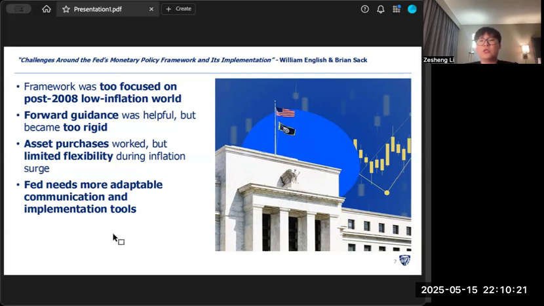It's not about political interference. It's about how the Fed's own strategy and structure may have slowed its ability to adapt. And it ties directly to what we discussed in class: the limitation of communication tools, the indirect targeting of markets, and the role of primary dealers in implementing large-scale policy.